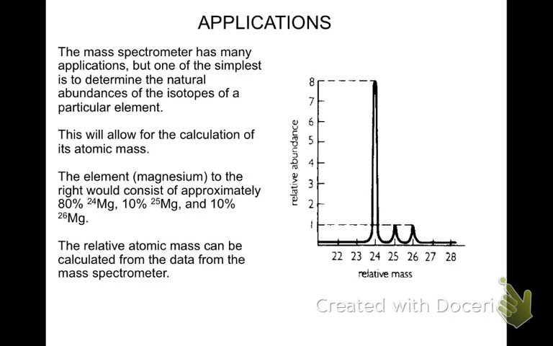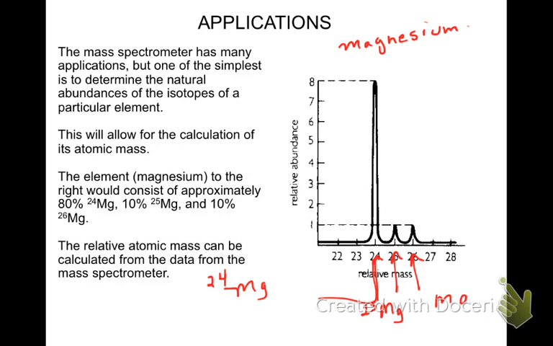Here is what a mass spectrum looks like, and specifically this is for magnesium. For magnesium I get 3 peaks. The first peak is magnesium-24, the second one is magnesium-25, and the third one is magnesium-26.